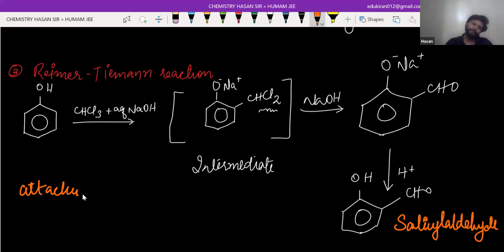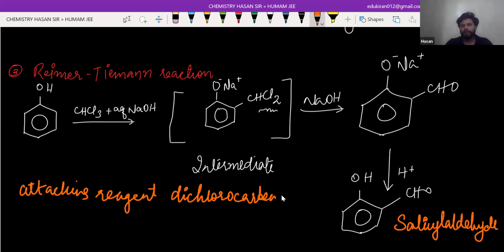Attacking reagent that we get here is dichlorocarbene, that means CCl2 with a dot. This is an electrophile, neutral electrophile, because 6 electrons it has.